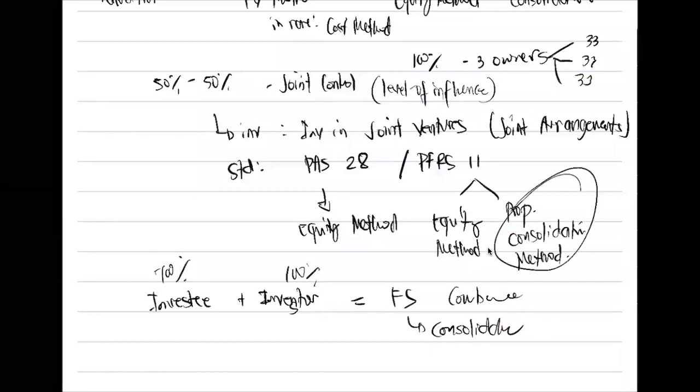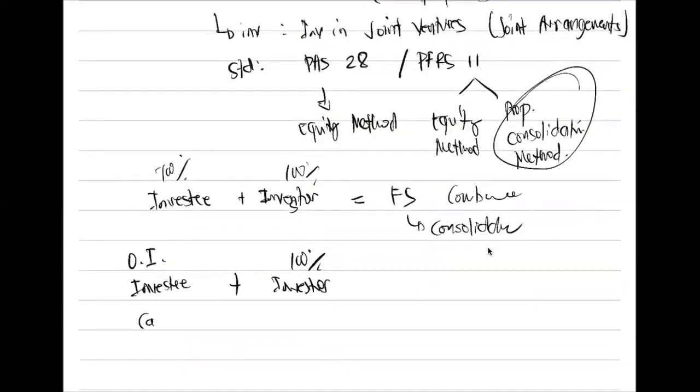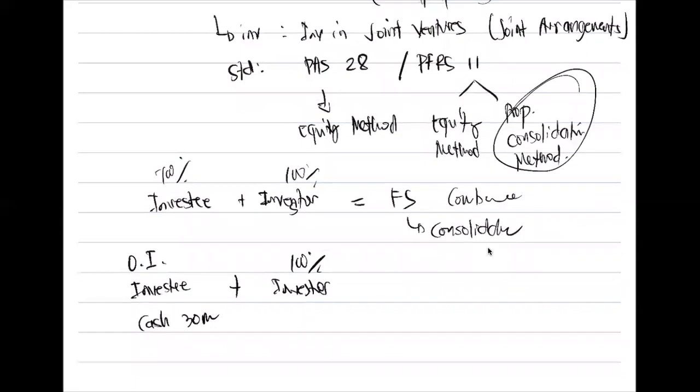Now, what is the difference for a proportionate consolidation? So we still have your investor because you are the investor. This is your FS. So 100% of your FS will still be placed. And as to investee, only your ownership interest in the investee. So for example, the investee has the cash of 30 million. You as the investor has the cash of 100 million.